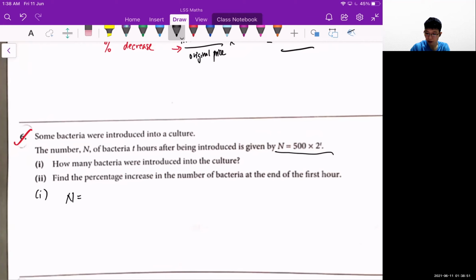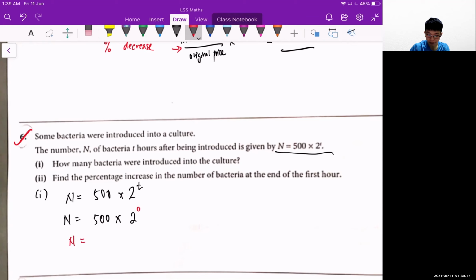So N equals 500 times 2^t. To find out the original value for the bacteria being introduced in the first place, we need to take t as 0 hours. So N equals 500 times 2, and t will be 0. So 2 to the power of 0 will be 1.